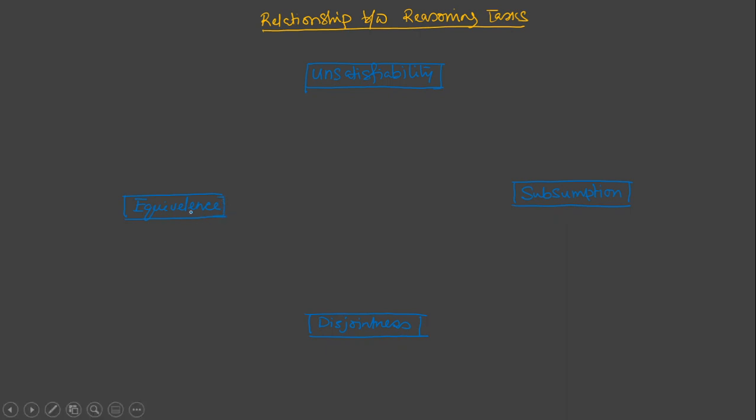Now we'll try to see how we can translate the tasks from one task to another task. There are certain relationships between these tasks. We'll be leveraging those to find out whether we can write a single algorithm to deal with all the problems. So what do we mean by unsatisfiability? We are just saying that C is unsatisfiable.